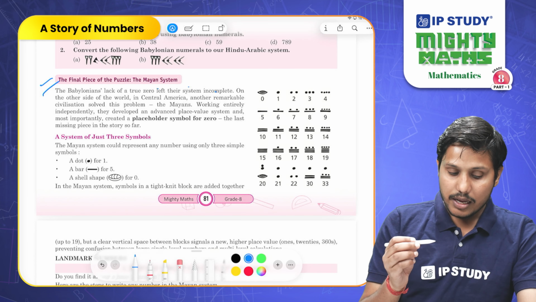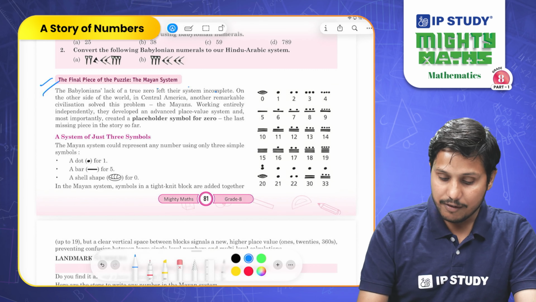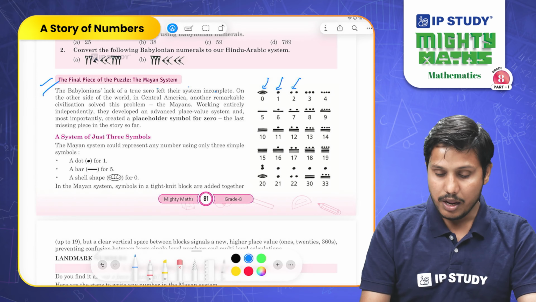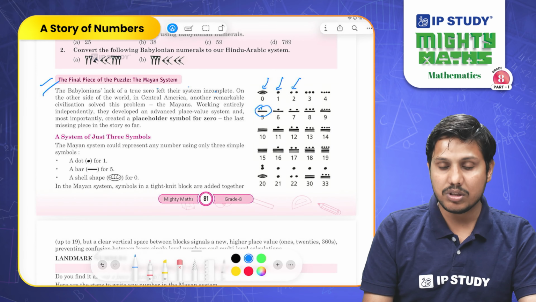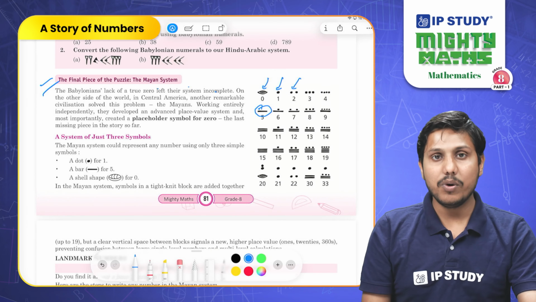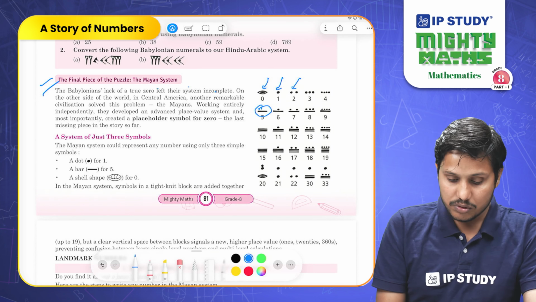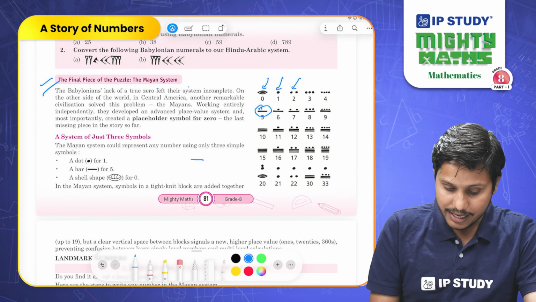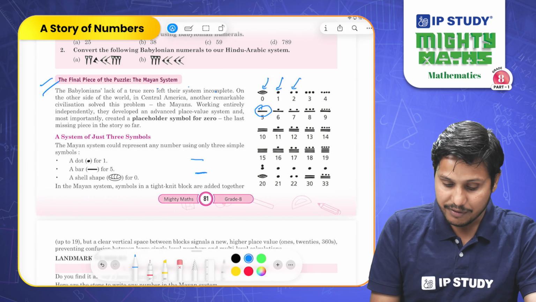Like in the Mayan number system we have a shell for 0, a dot for 1, and so on. For 5 we have another new symbol which is a line. In order to write 5 we'll use this, and in order to write 6 we'll use a line, which tells that 5 is here and one dot over it.